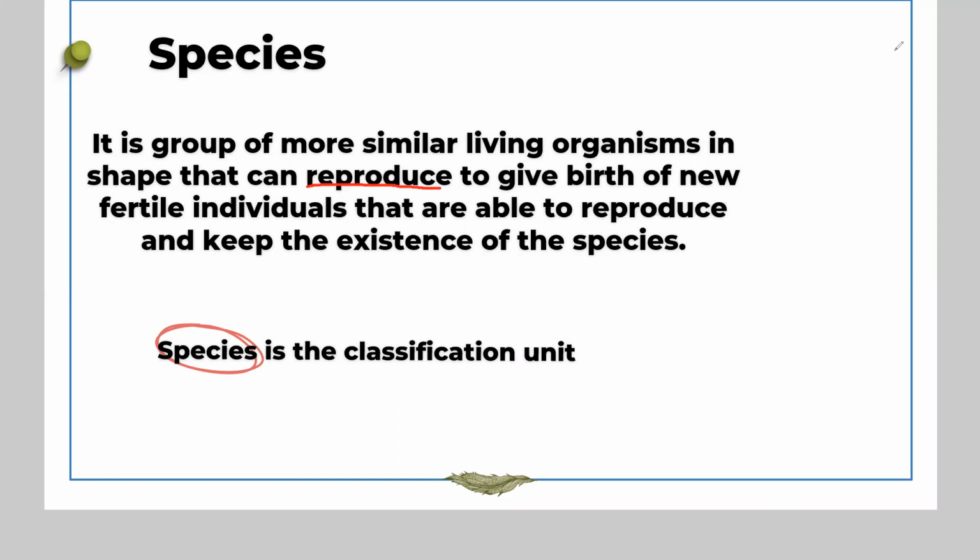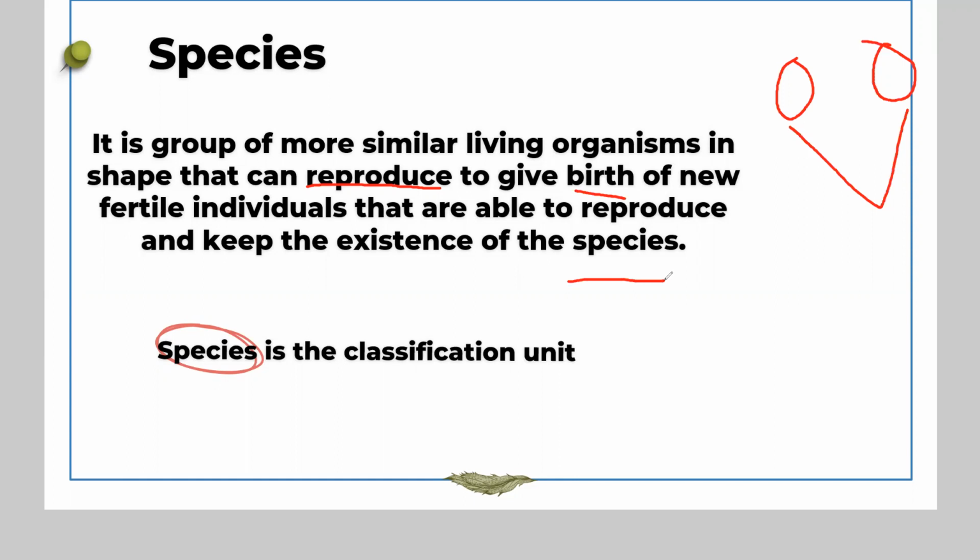What does this mean? A male rabbit with a female rabbit, they will give us a baby rabbit, and so on. So it's a group of very similar living organisms in shape that can reproduce to give birth to new fertile individuals that are able to reproduce and keep the existence of the species.